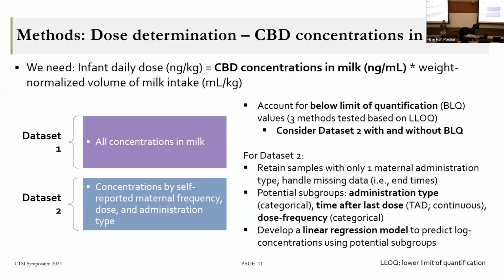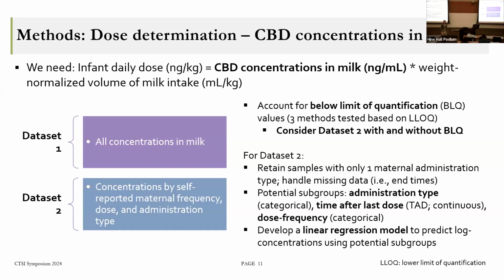We went more cleanly with, if they were just taking a blunt, that's the data we got for that sample, or just an edible. One, because the sample size for those combined administration types was too low to make any conclusions, and two, we wanted to make this the cleanest analysis possible for conclusions.